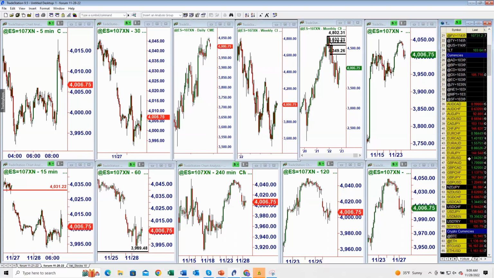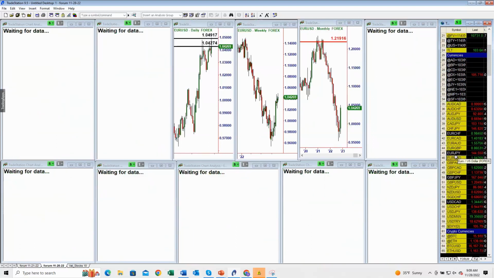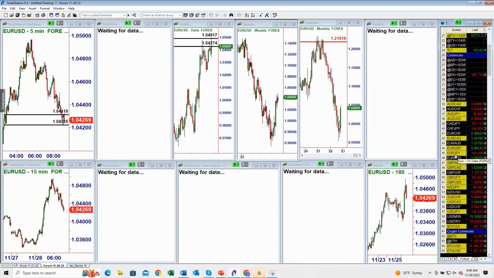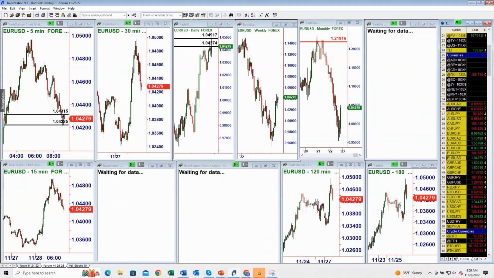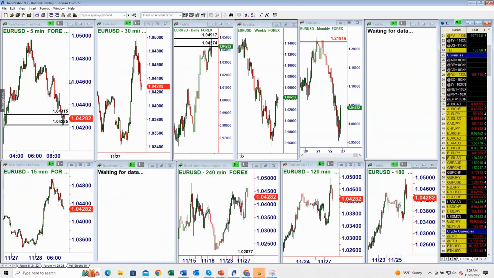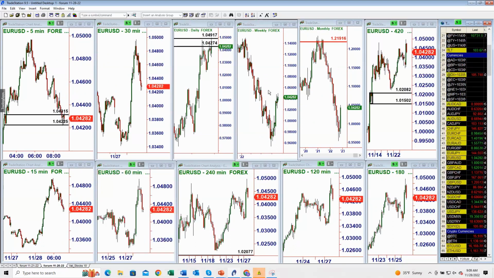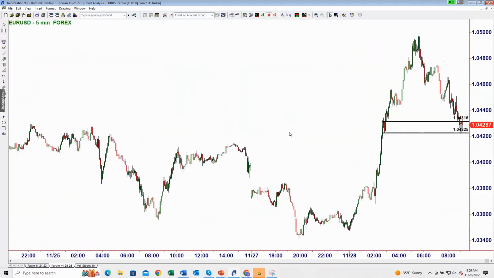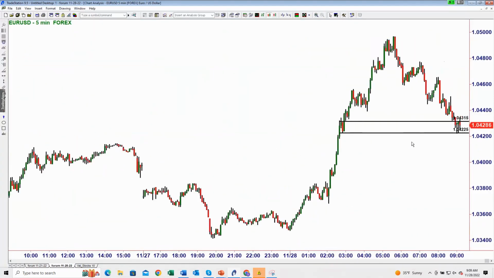And we will look at the spot market euro here. Here it is. This market at the moment, let's start with this, we just came down to this little 5-minute demand zone.